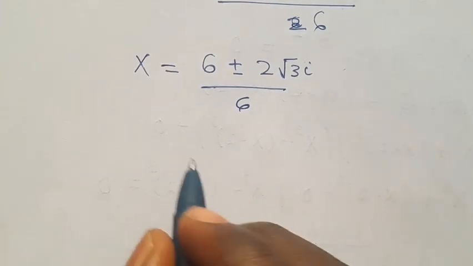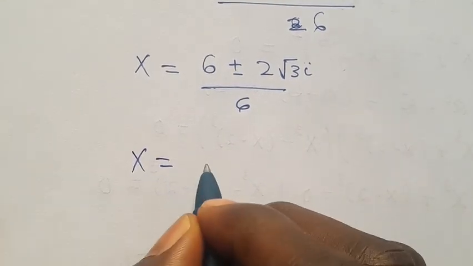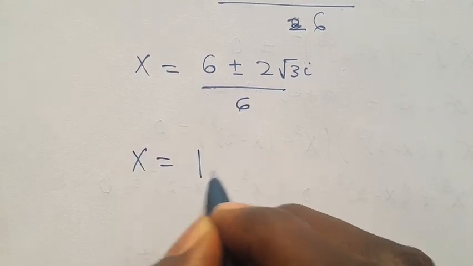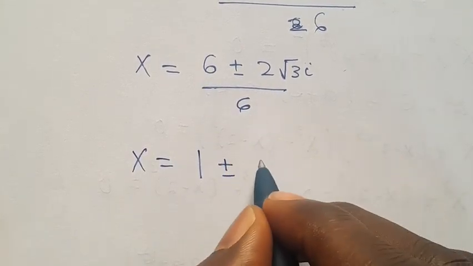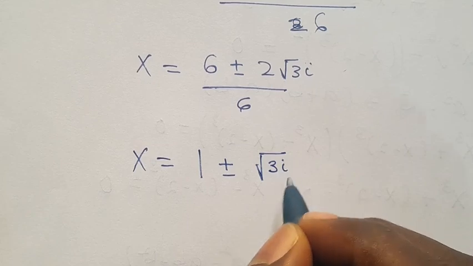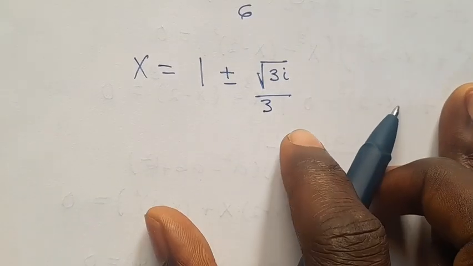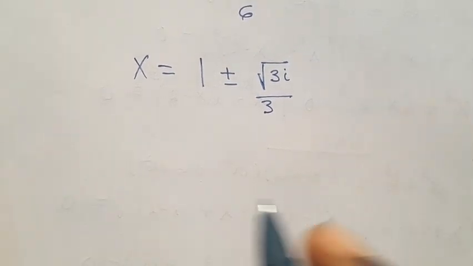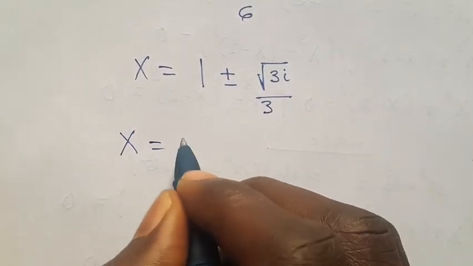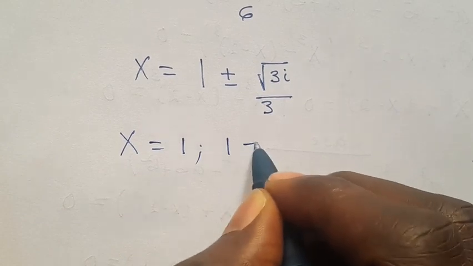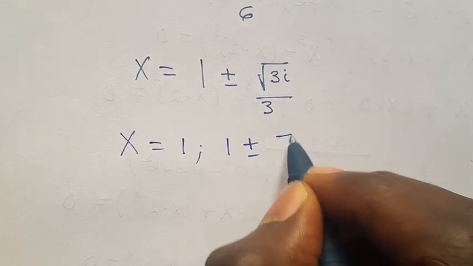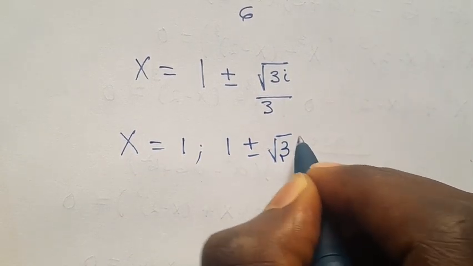So when we divide through by 6, x equals this divided by this will be 1, positive or negative. This divided by this will be root 3i divided by 3. So this is another solution. And we also have x equals 1, comma 1, positive or negative root 3i.